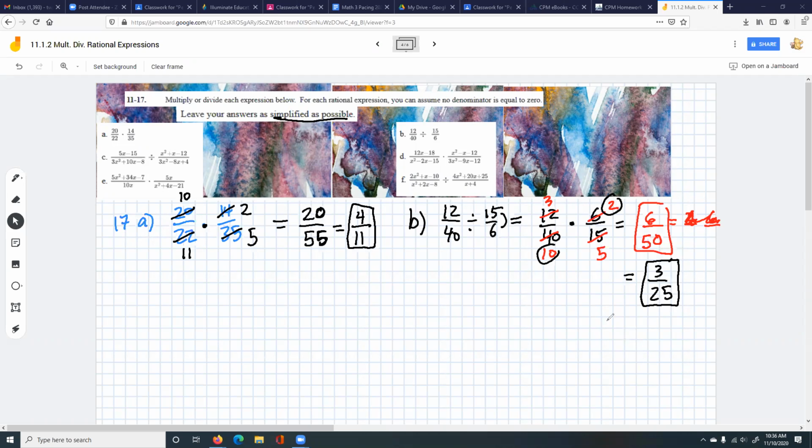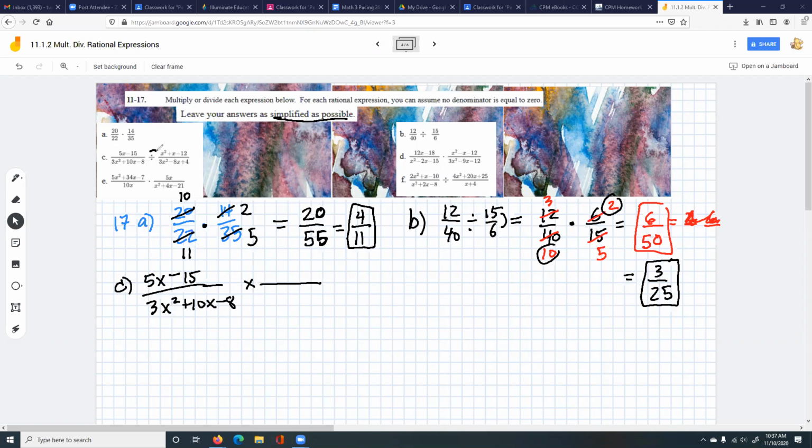For C, we have a division problem. So let's take a look at this. Maybe I'll just do C and D, and I'll let you do E and F. 5x minus 15 over 3x squared plus 10x minus 8, divided by, well, I'm going to change that division to multiplication, okay?